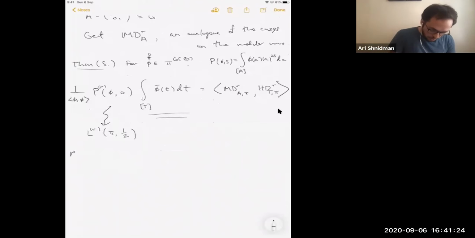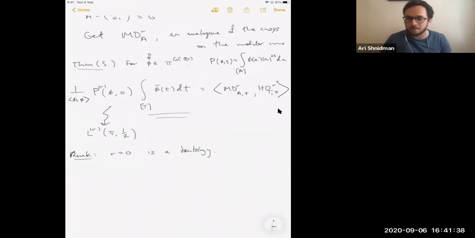Let me just make some remarks about this formula and explain also why it's qualitatively different. The r equals 0 version of this formula is a tautology. You unwind what both sides really mean, and of course they're just the same. There's nothing interesting there. r equals 1: because I'm in the level 1 setting, both sides are 0.